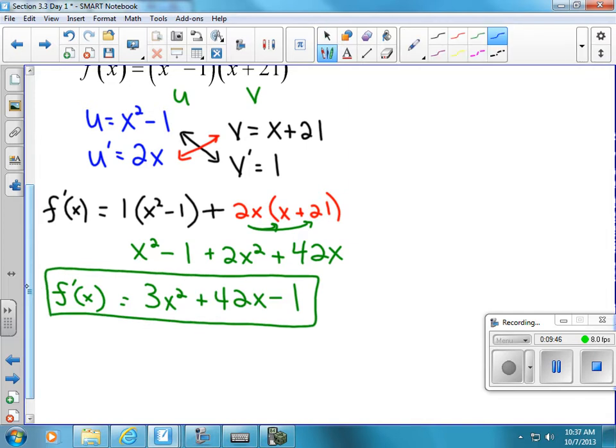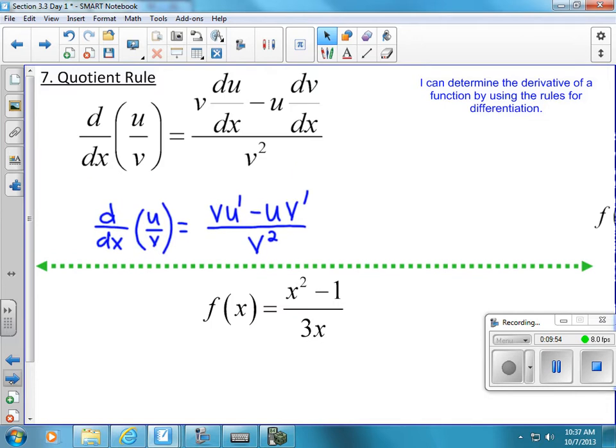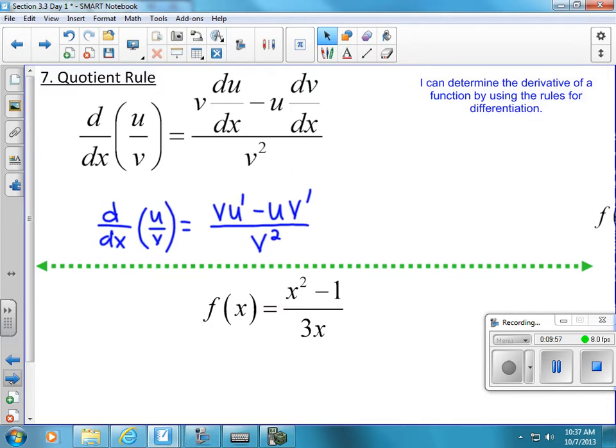The quotient rule is very similar, except it has a different formula. The formula says that if you have a function divided by a function, you take the first function times the derivative of the second minus the second function times the derivative of the first, all divided by the original v function squared.